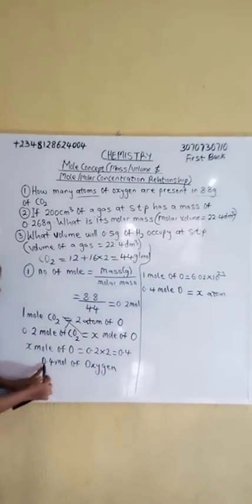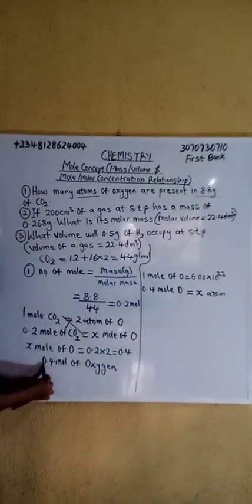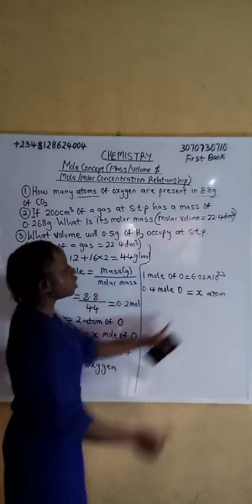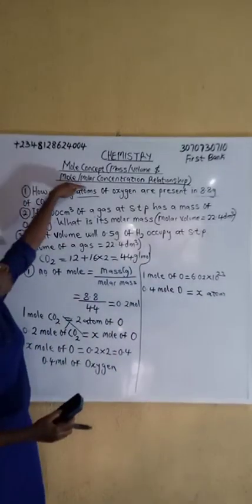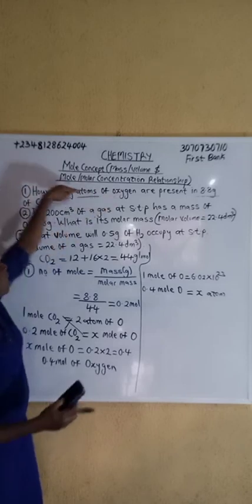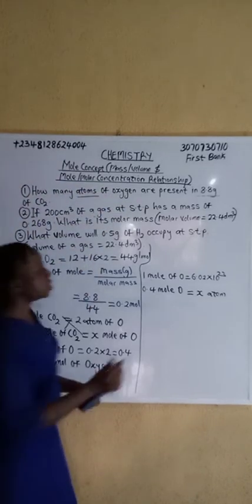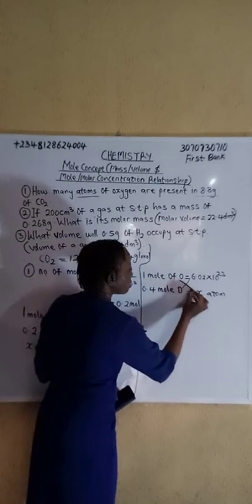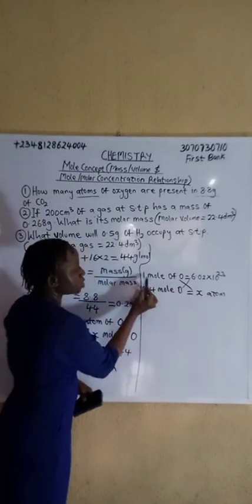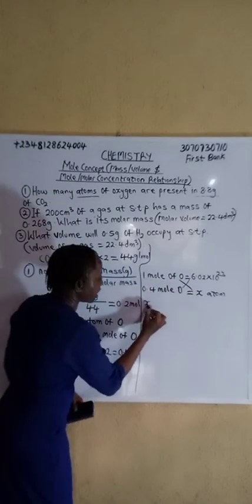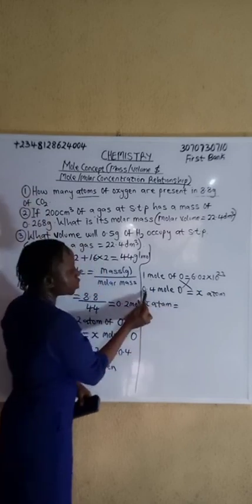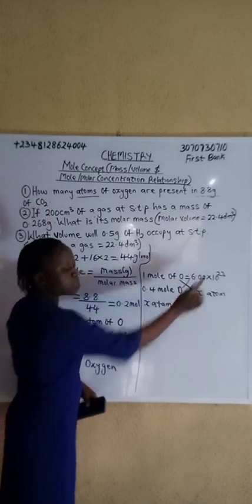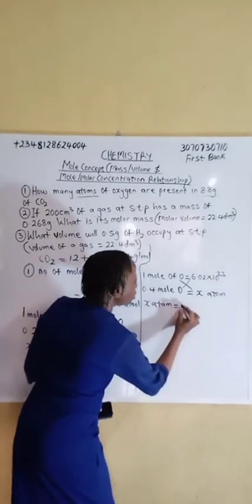Then I've gotten the new number of mole of oxygen. That is 0.4 mole of oxygen equal to X atoms, because I'm looking for the number of atoms of oxygen. How many atoms of oxygen? Then you cross multiply. So 1 times X atoms, equal to 0.4 times 6.02 times 10 raised to the power 23.